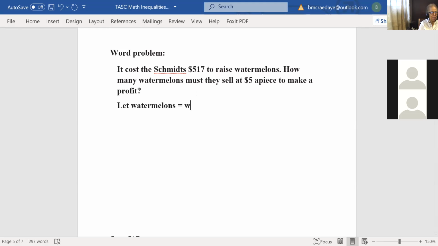They want to make a profit. So what would be 5 what? $5 a piece for the watermelon. The watermelon is represented by W, right? So that would be what, Vanessa? 5 what?